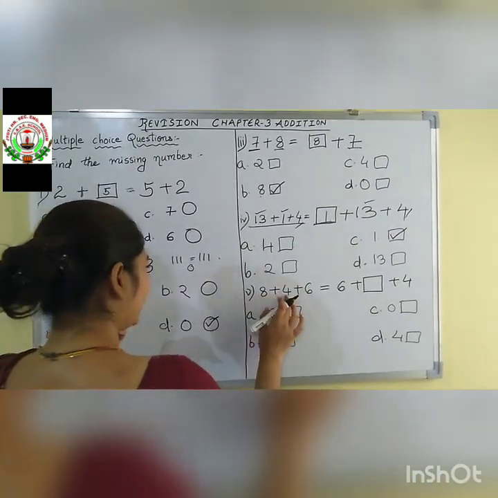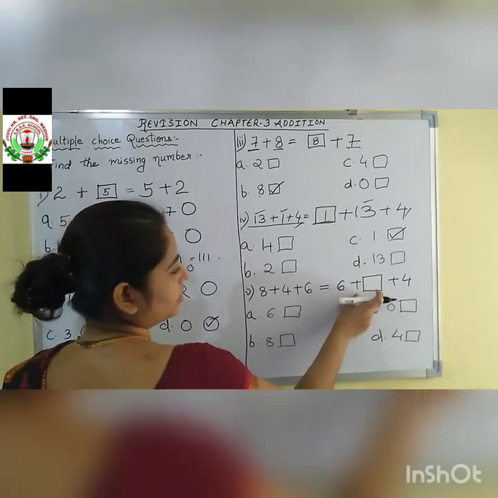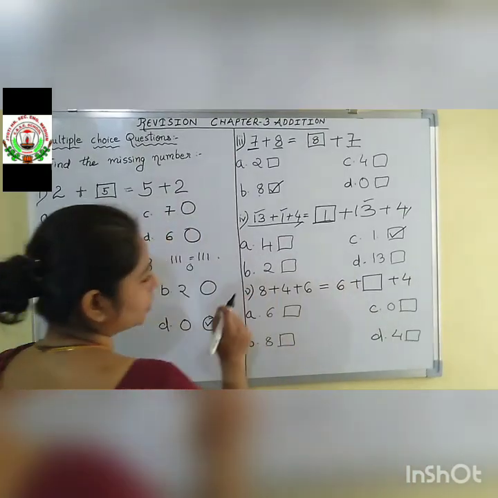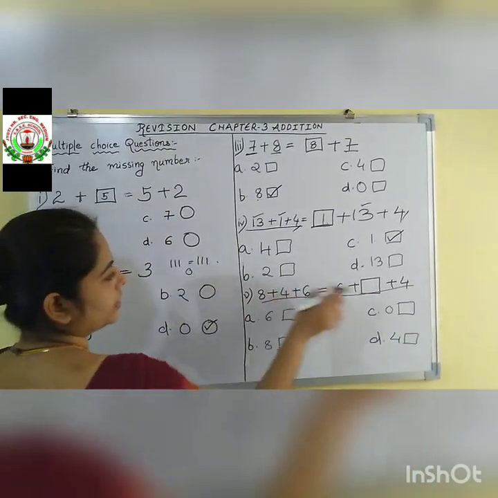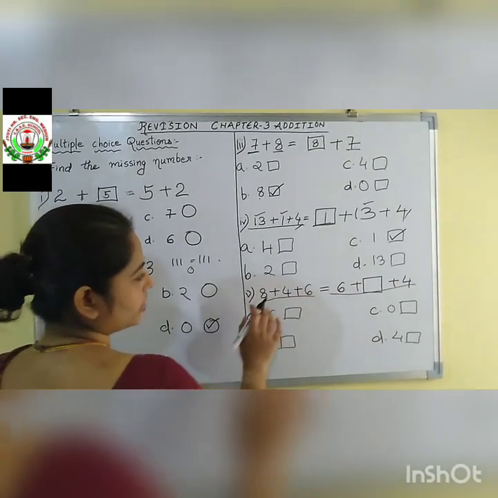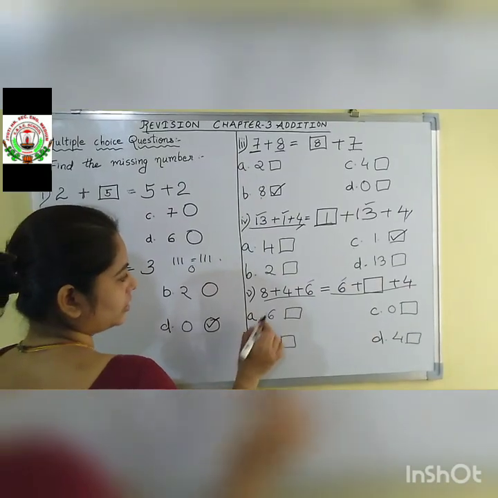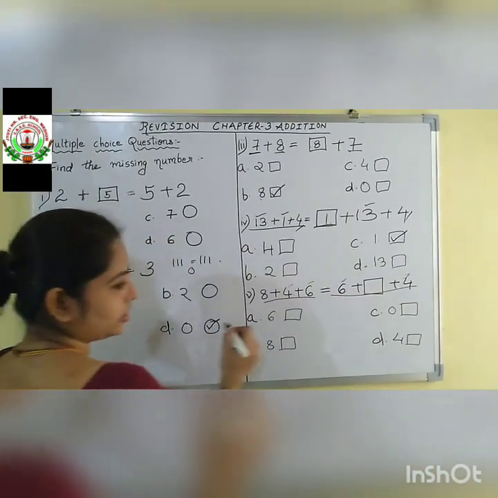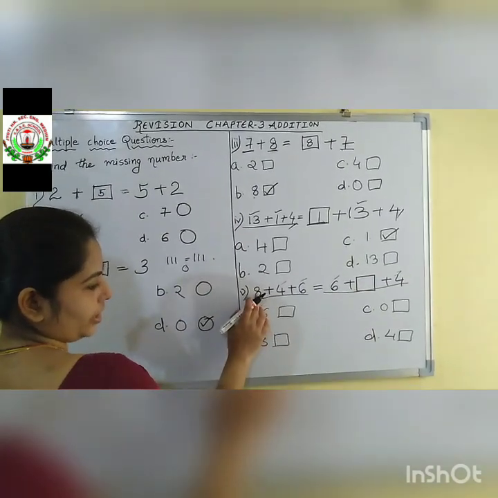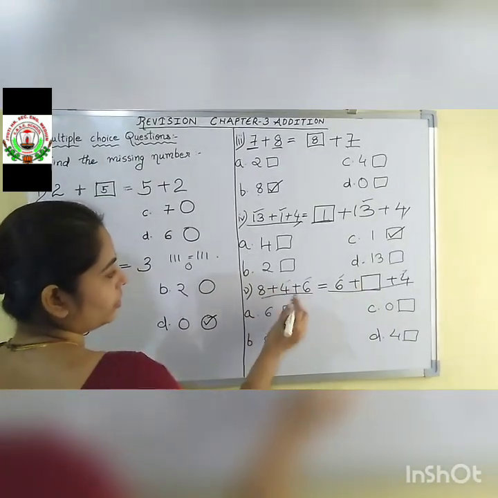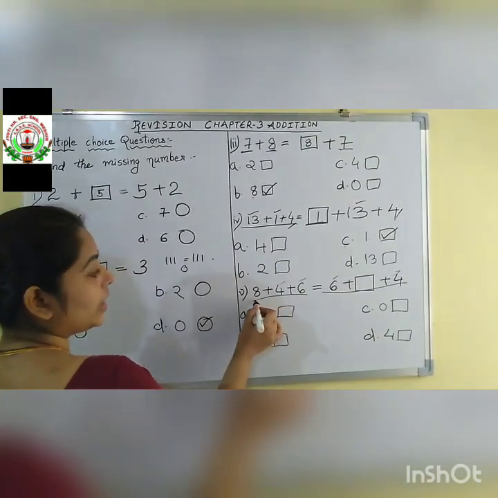Next, 8 plus 4 plus 6 equals 6 plus missing box plus 4. See children, again 3 numbers came. So what to do? First see whether every number is there or not. Which numbers are there? 6, on both the sides 6 is there. 4, on both the sides 4 is there, but which number is not present on that side? 8. 8 is not present there.